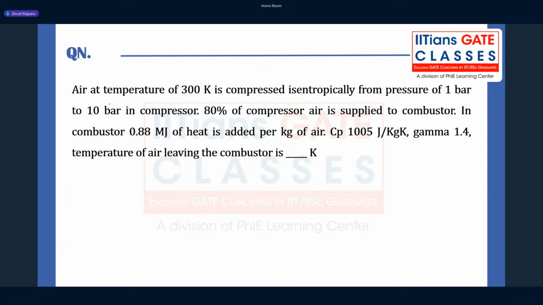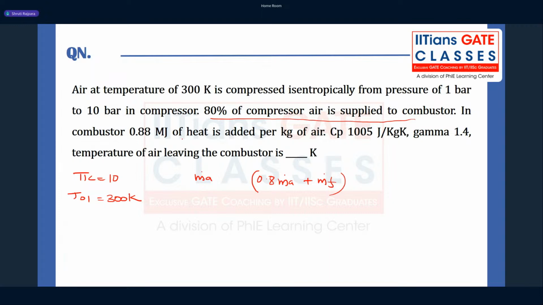Here they have given air flowing at a temperature of 300 Kelvin. It is compressed isentropically from 1 bar to 10 bar in the compressor. So pi C is 10, T01 is 300 Kelvin. There is 80% of compressor air supplied to the combustor. So if m dot A is the total mass flow rate that the compressor is seeing, only 0.8 of m dot A is going into the combustor, which is mixing with the fuel.